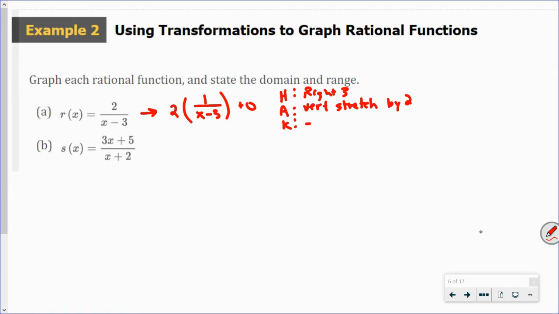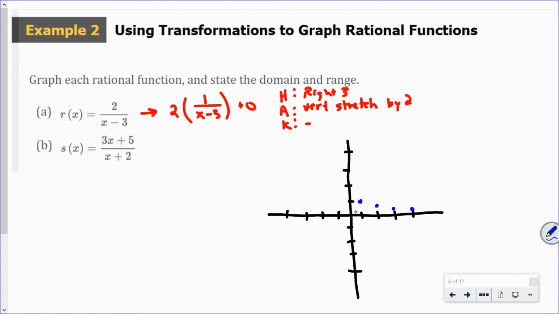Okay, so when we go to graph this, I'll go ahead and graph the parent function here. So we're at 1, 1, 2, a half, 3, a third, 4, a fourth. So that keeps going down.